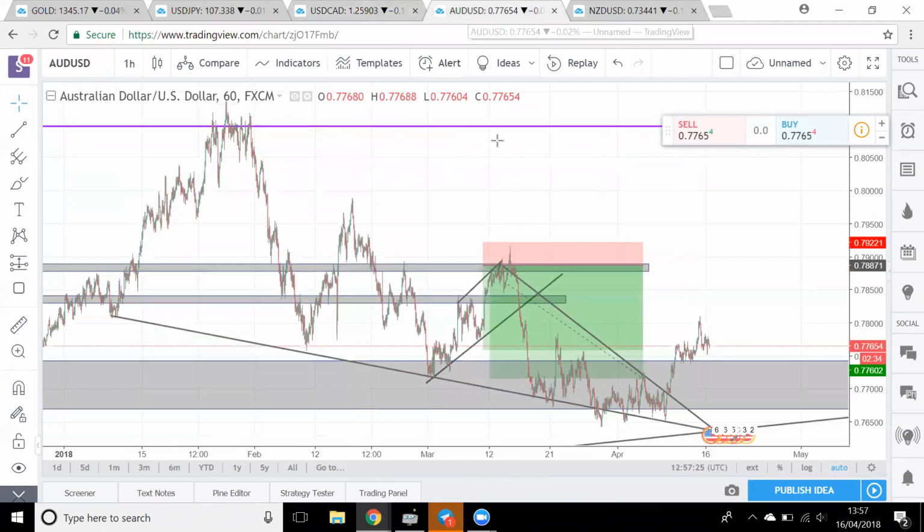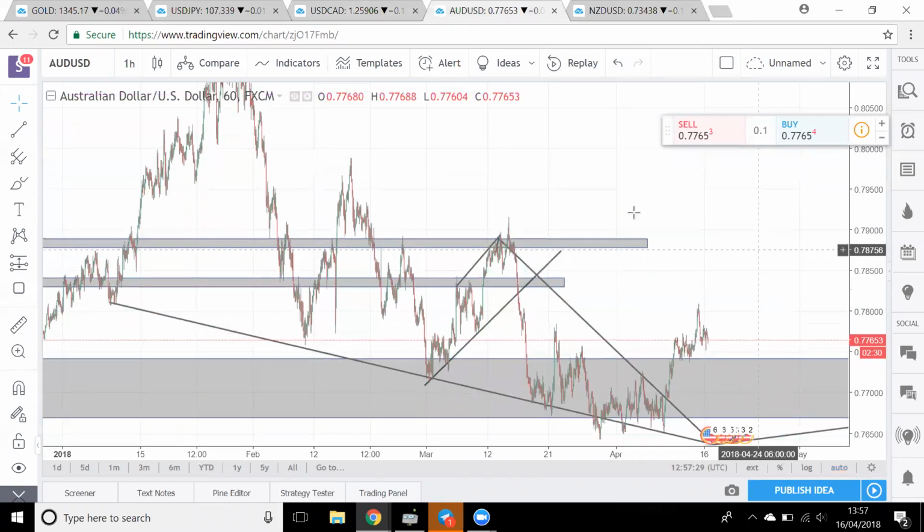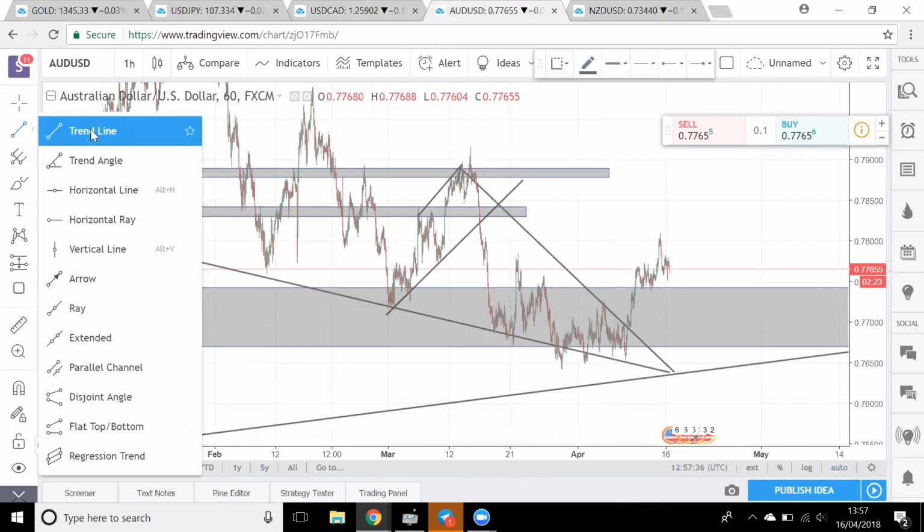All right, AUD USD. So we had a squeeze, we had a push, we had a break, we had a retest, and we just started to go higher. Price has now rejected off a zone.